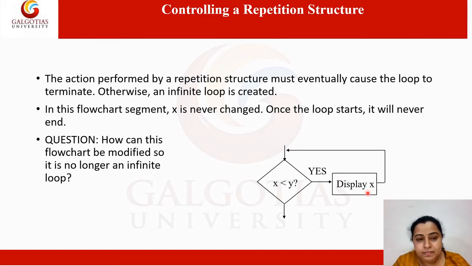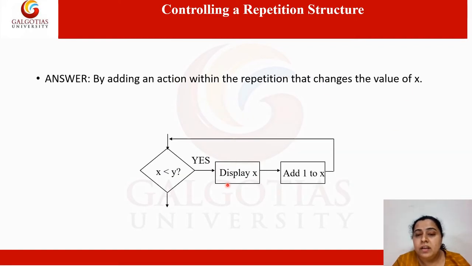That means we need to update the value of x so that at some point this condition will fail. And when this condition fails, it will move to the next step. Fine. So this is a way of controlling a repetition structure.